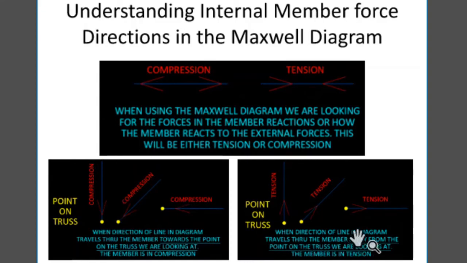And in the opposite sense, if the force lines in your force diagram would move away from the point you're analyzing, that force is in tension. So let's look at what all this means in the AutoCAD file.